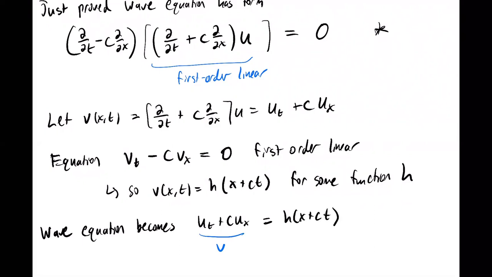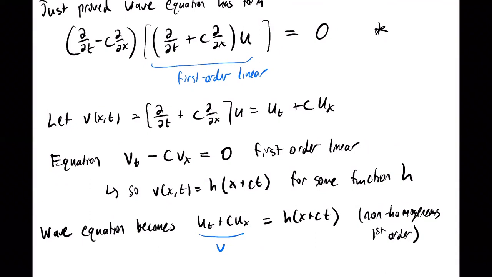And so now this is once again a first order linear equation, but it's now a non-homogeneous version of the equation. So we don't actually know how to solve this particular equation, but we would know how to solve it if h happened to be equal to 0.